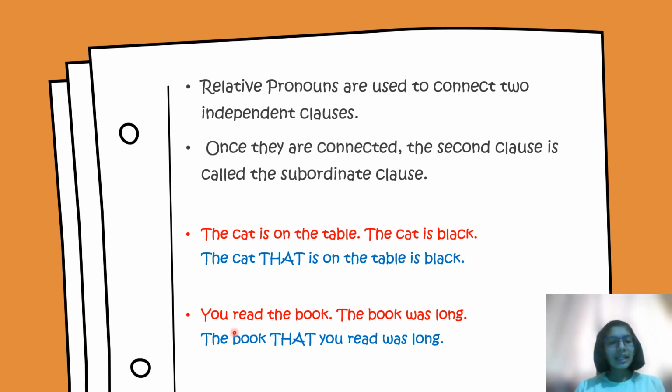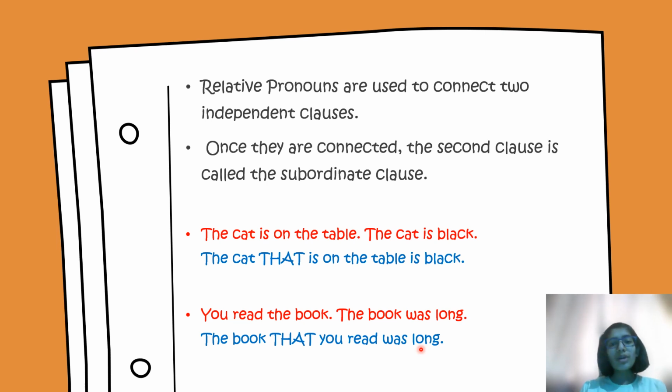Similarly, with the second example, you read the book, the book was long, whereas this one sounds much better: the book that you read was long. I hope with the help of these two examples in English, you will be able to understand French much better.